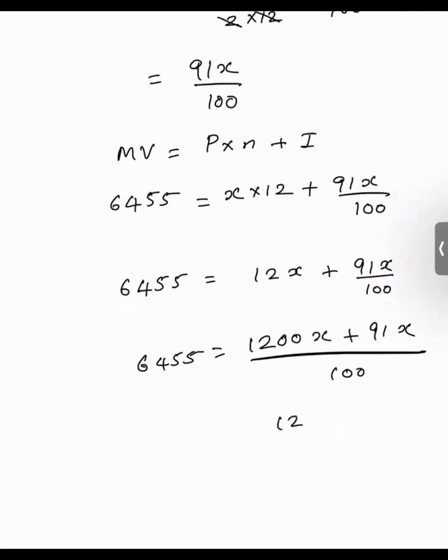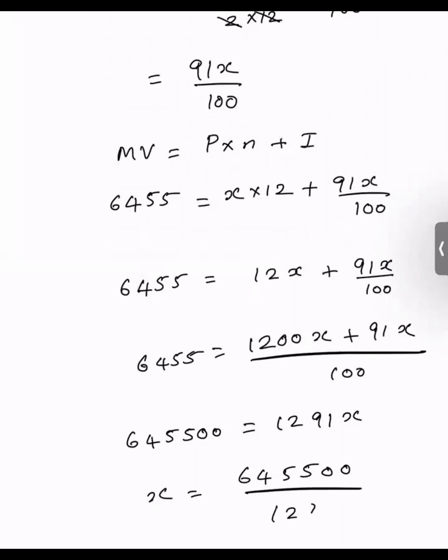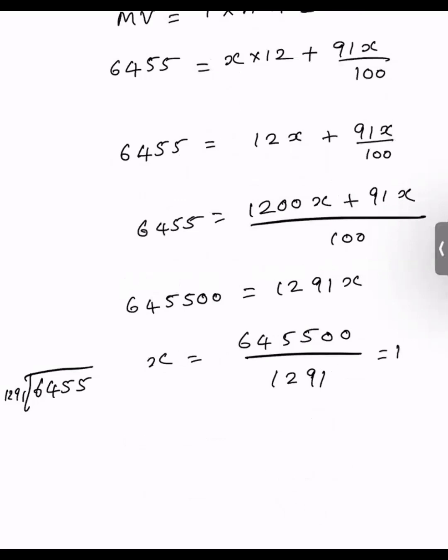So 1291x equals 6455 followed by 2 zeros. So what will be the value of x? 6,45,500 divided by 1291. What is the answer? Principal is going to be 500 rupees.